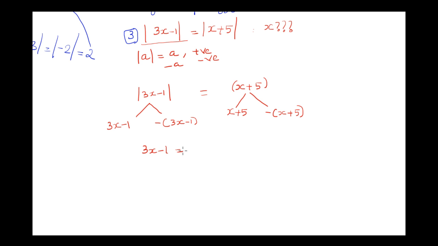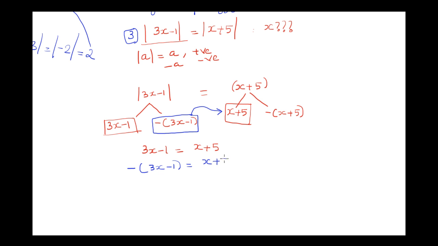That is one possibility. The second possibility is minus of 3x minus 1 equal to x plus 5.